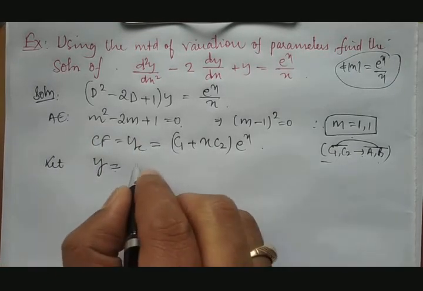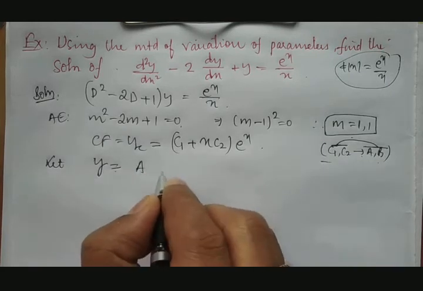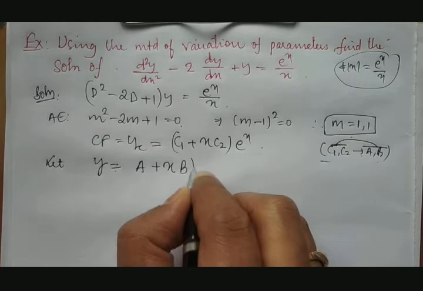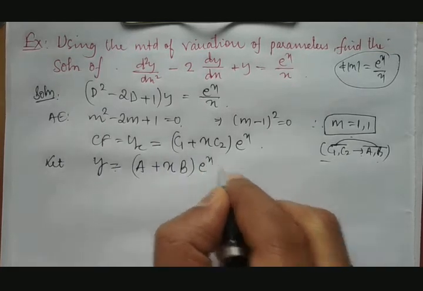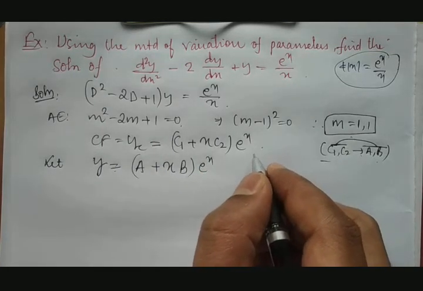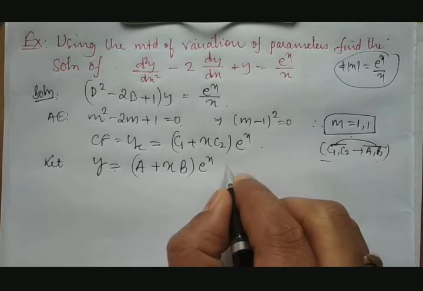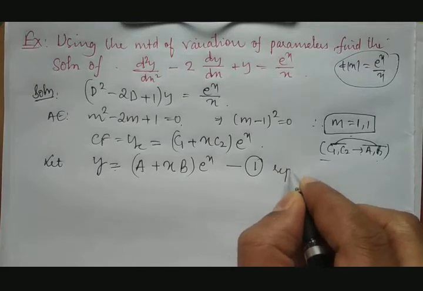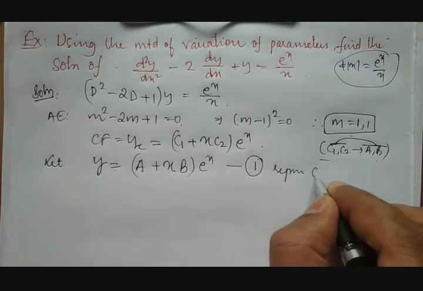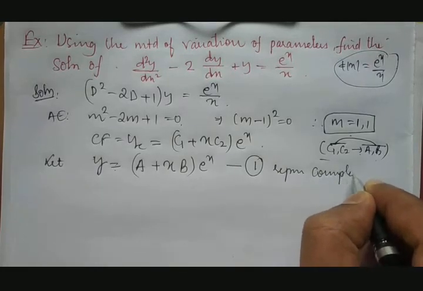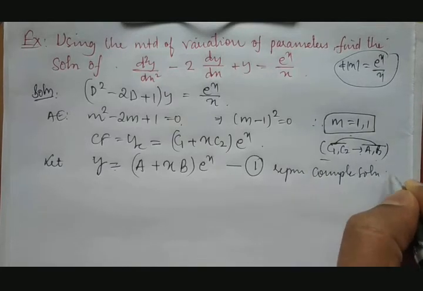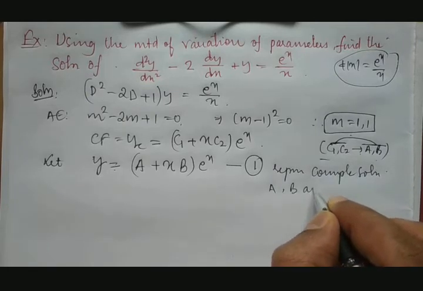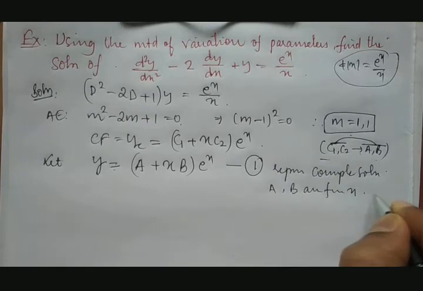So y is equal to c1 replaced by a plus x into c2 replaced by b, into e raised to x. We call it equation number 1. This equation number 1 is represented as the complete solution of the given equation, where a and b are functions of x which are to be found.